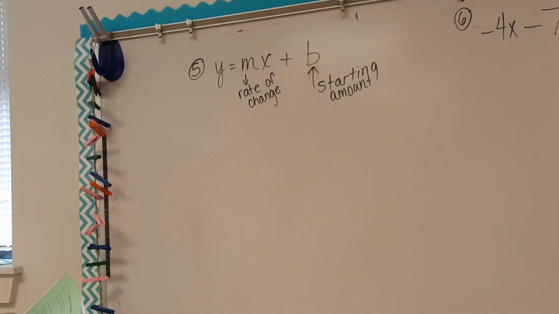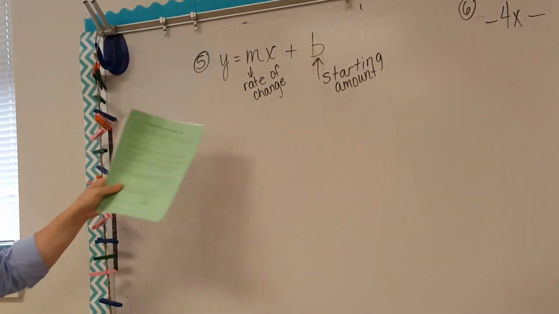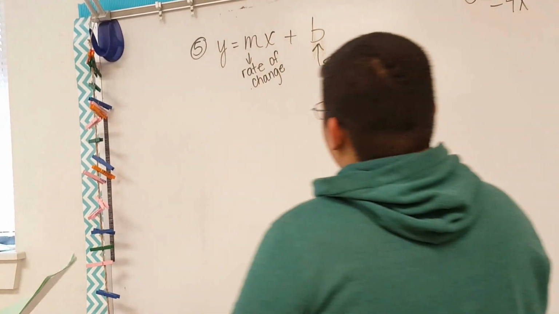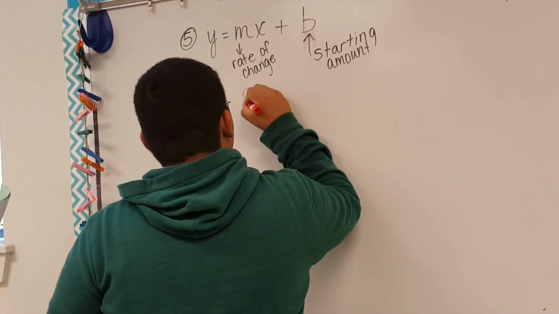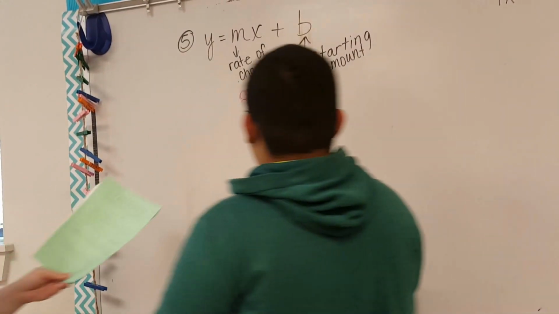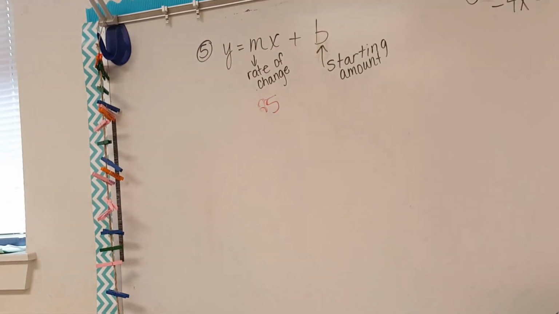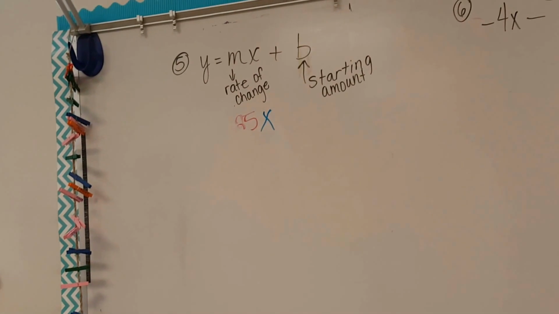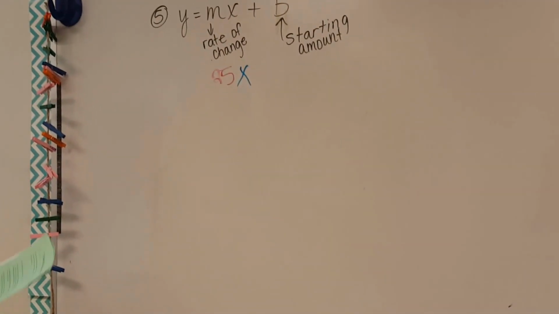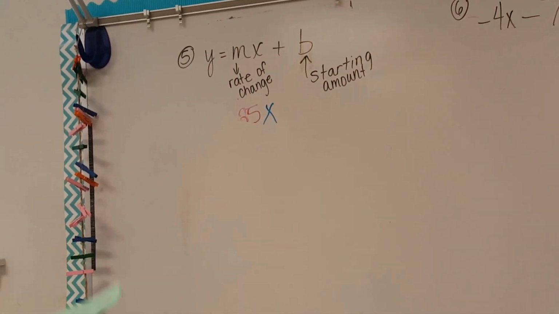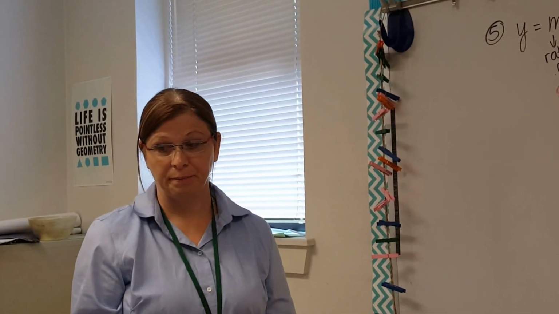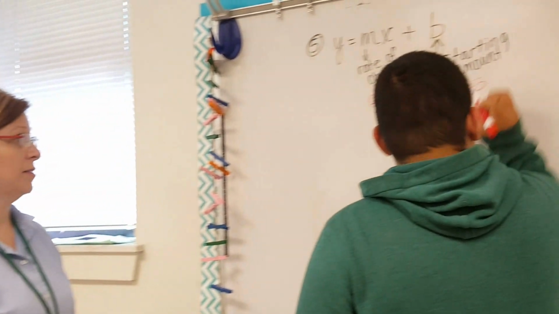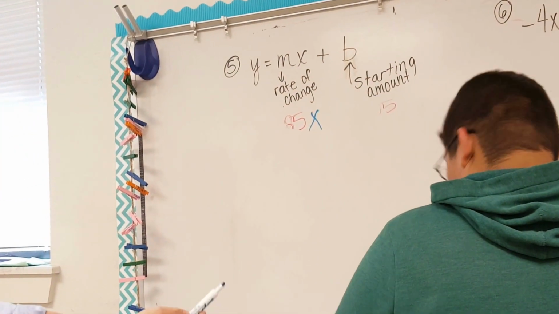Rate of change? I'm confused. So write that right there. That's where M is. So 25, and we're trying to figure out what X is, the number of toy soldiers that he wants to buy. And then the starting amount is the number of soldiers that he starts out with, which was 15.